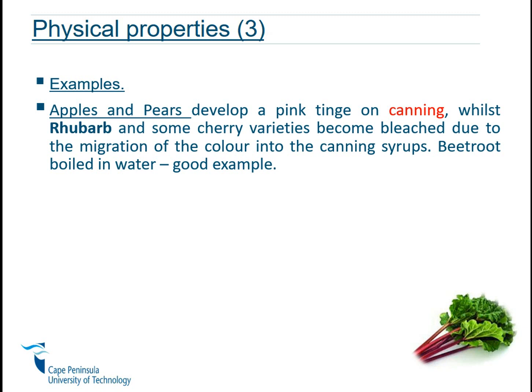So look out for this question in the tutorials, or maybe also in the exams, but it's important to understand that heat processing especially can alter the color of your raw materials. Right, I just want to pause here.